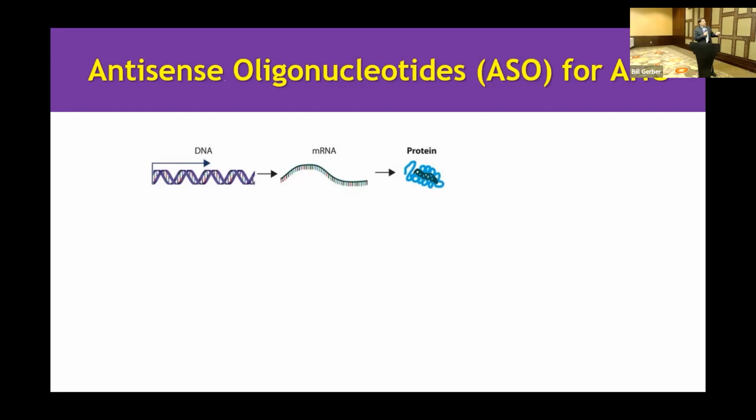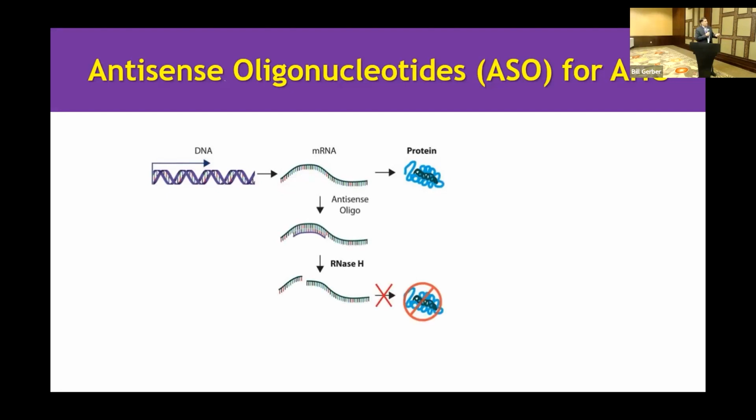It's converted to messenger RNA, and then messenger RNA is read by the cell to make protein. So DNA, RNA, protein. Where antisense oligonucleotides come in is you can short circuit, or actually abort, this process by interfering with the ability of the RNA to survive in the cell.